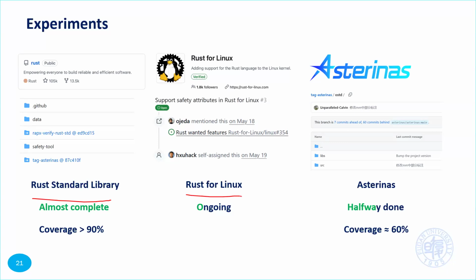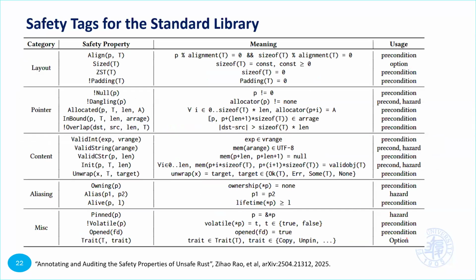It's very complicated because there are operations with the original C part. So it's very challenging. And we are also working on another operating system, Asterinas. It's written in pure Rust, so it's a bit easier for us to do the annotation. And we currently achieve a coverage of roughly 15%.